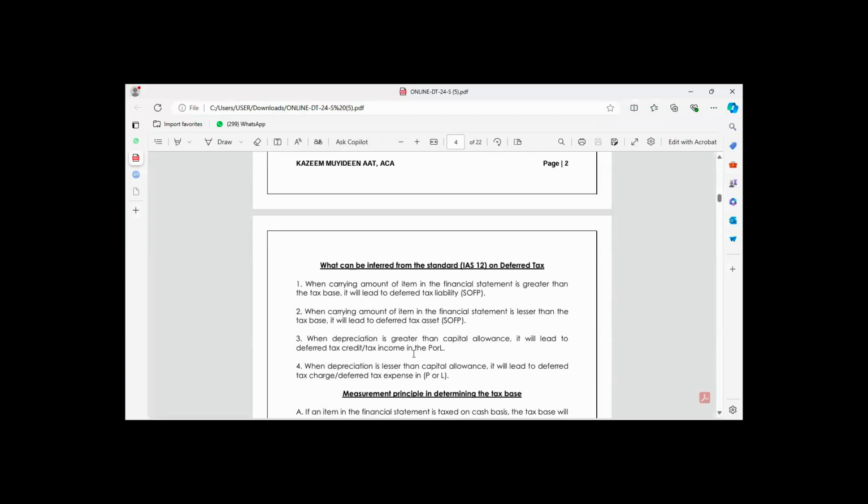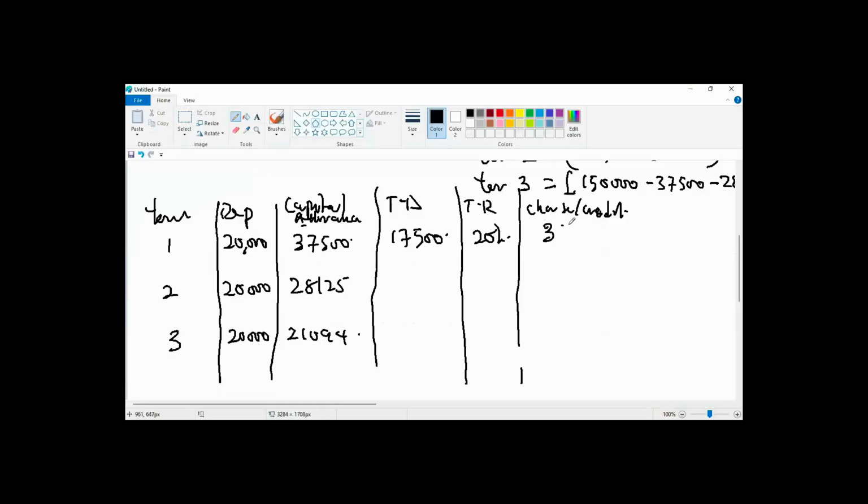If they don't say credit, they say income in the P or L. But when depreciation is lesser than the capital allowance, it will lead to deferred tax charge or deferred tax expense, because they don't call it charge, they say expense, in the P or L. So go to the P or L, charge.